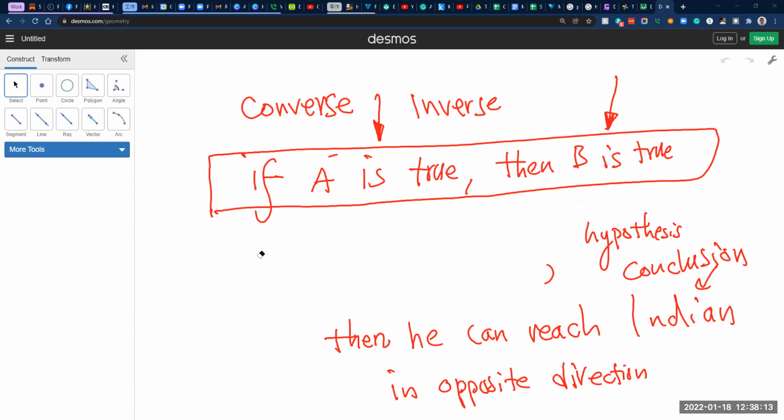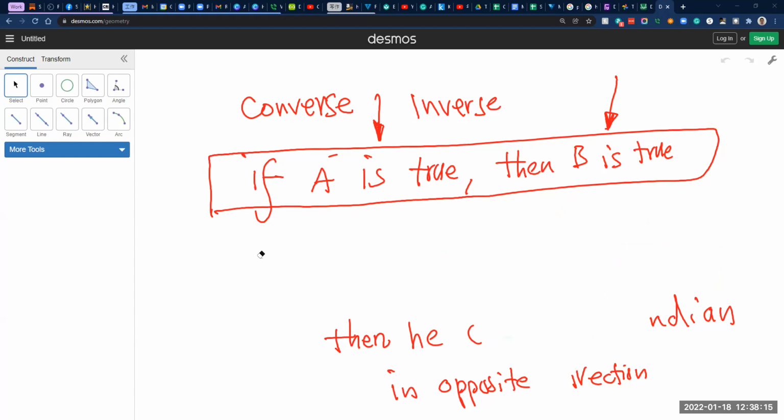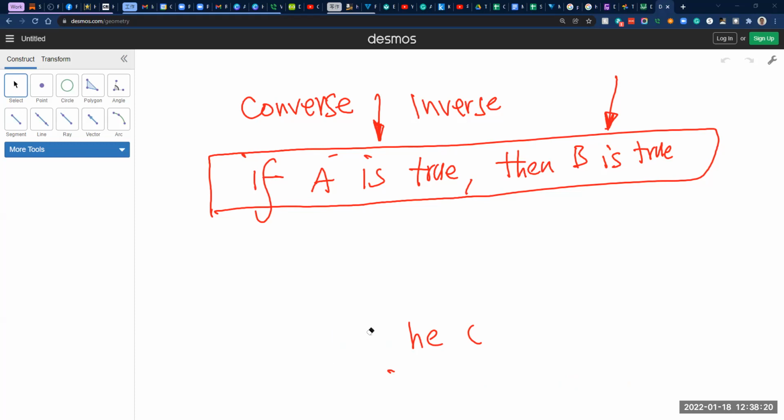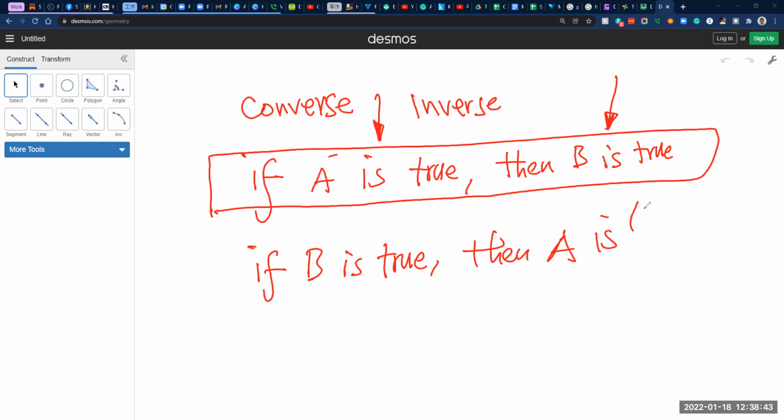We flip something: if B is true, then A is true.